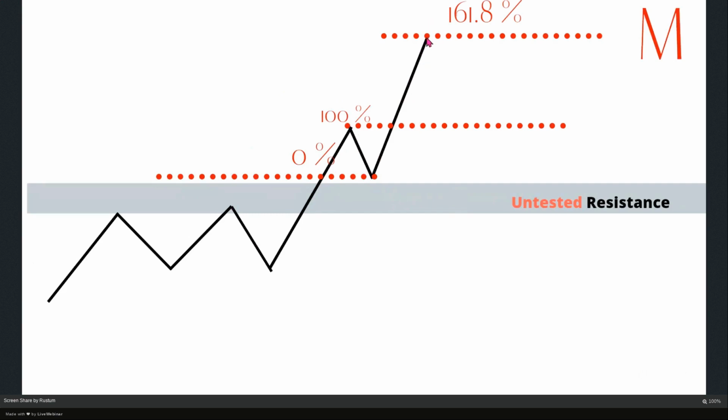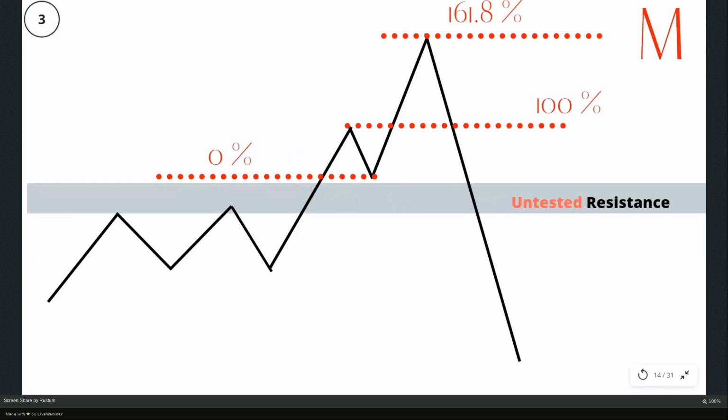Then you look for the same thing here: unable to close above here and messing around in this area. And if it comes all the way down through your midpoint of the M, then again the same entry is taken here. So prices come down through the level and past this point now, and that's your entry.